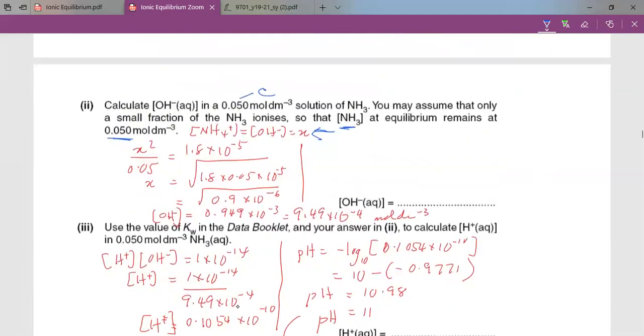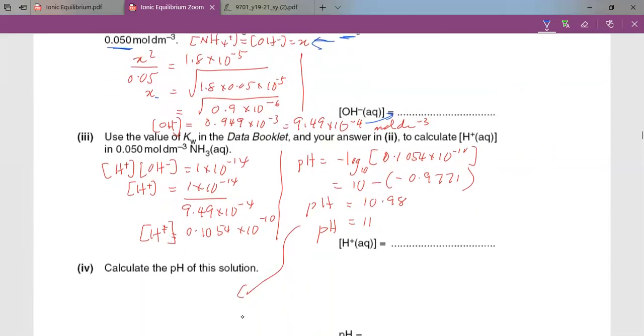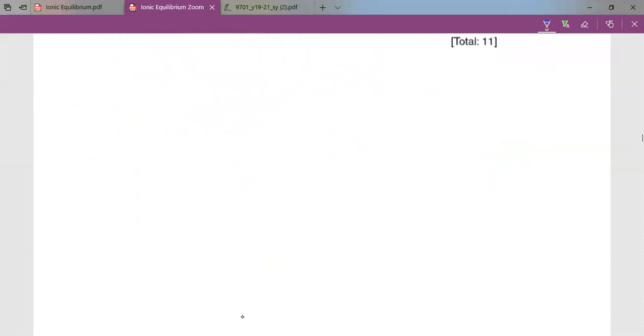Right, now for X, OH minus, this is the value here. And use Kw to find H plus. Again, use your ionic product of water here. H plus, you know, from the OH minus here, you put inside here. H plus, log base 10, solve for your pH. Easy then. Very simple.